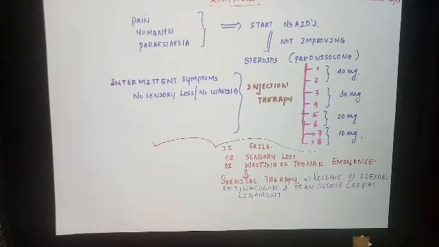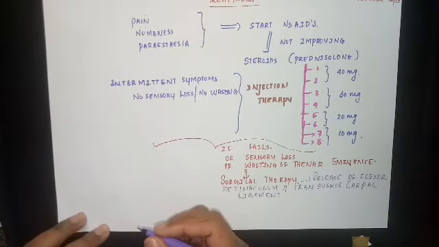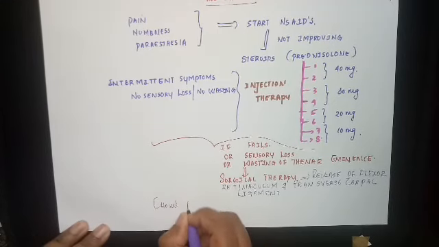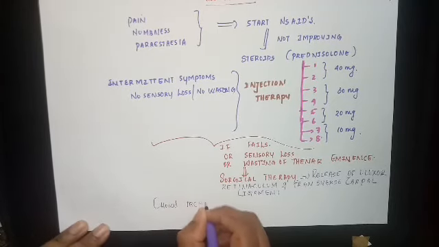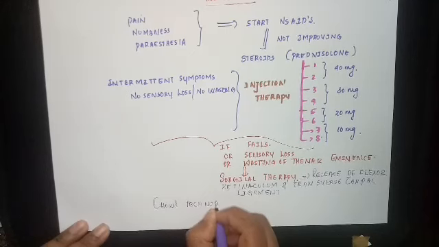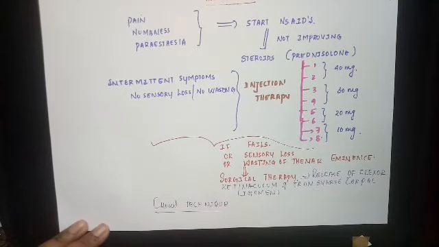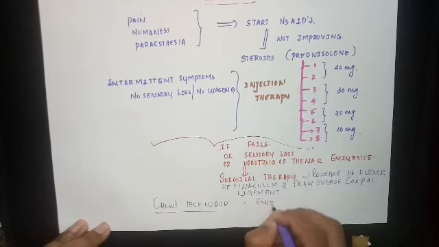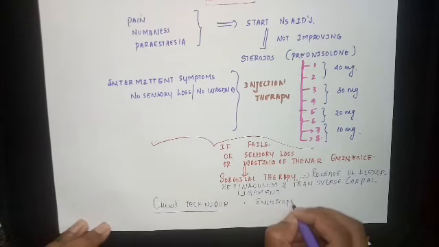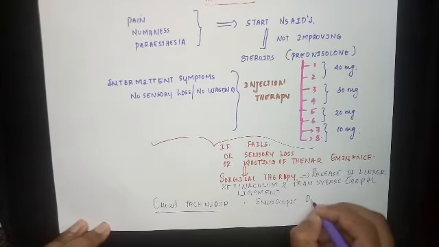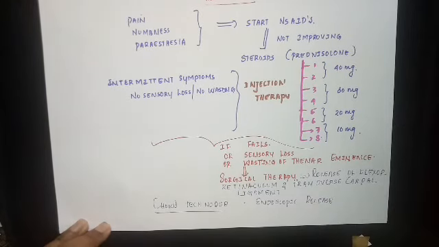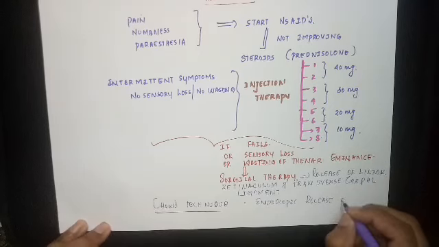There is also an alternative therapy in carpal tunnel syndrome, which includes Chow's technique. Chow's technique is an endoscopic release of the transverse carpal ligament.